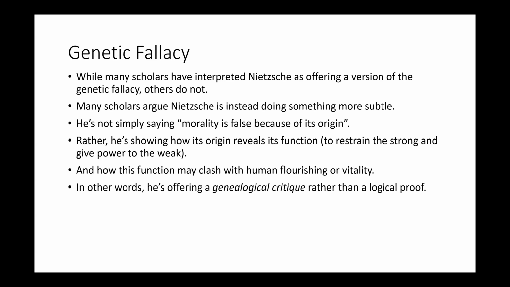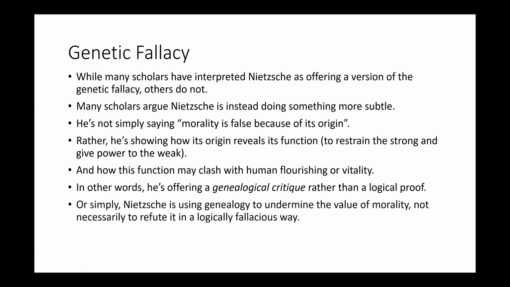So it may be better to understand this as an objection rather than a reason to accept or reject some belief. So we can't be too quick whenever we're attributing fallacies, because it might be the case that Nietzsche is using genealogy here to undermine the value of morality rather than to try to refute some particular belief about morality. Now, I'm only mentioning this point because I think that it's important to pay attention to the details and the nuances involved. And we'll see how that works with regard to different sorts of fallacies.